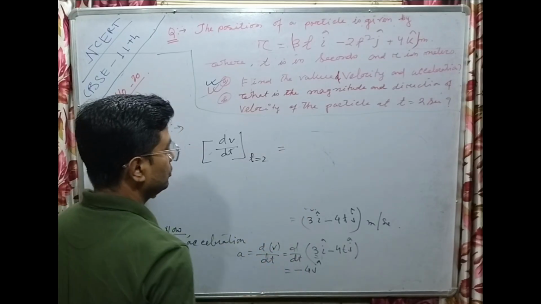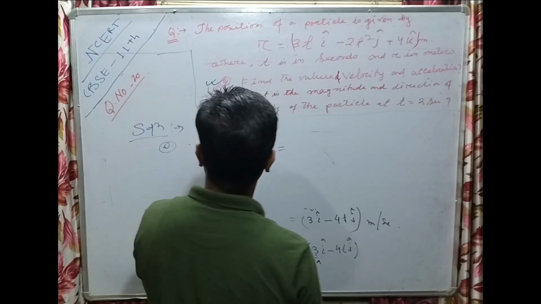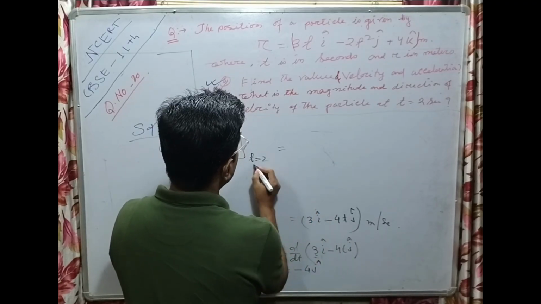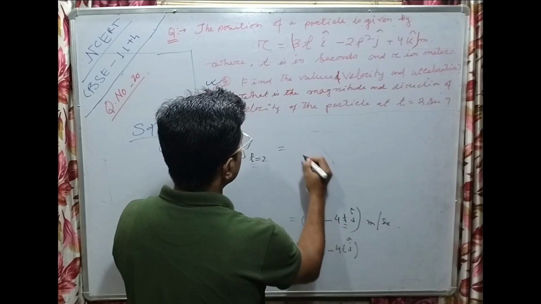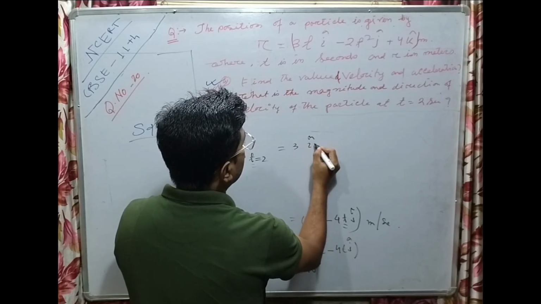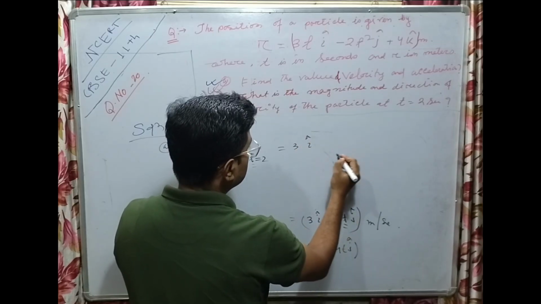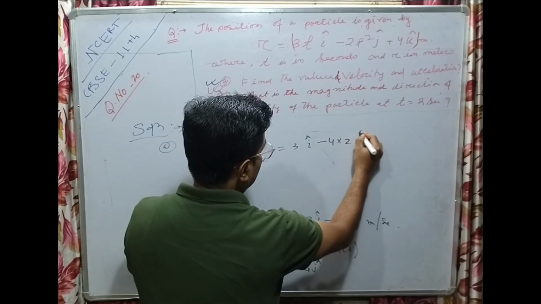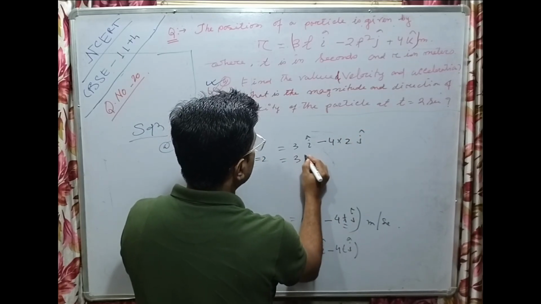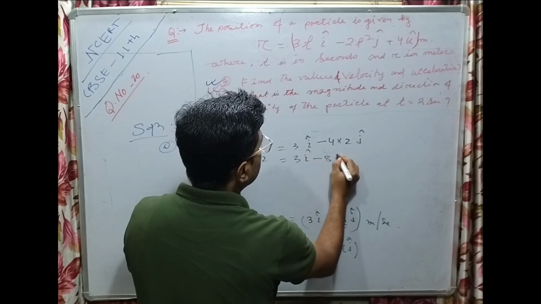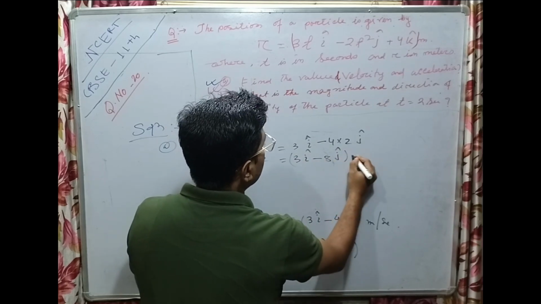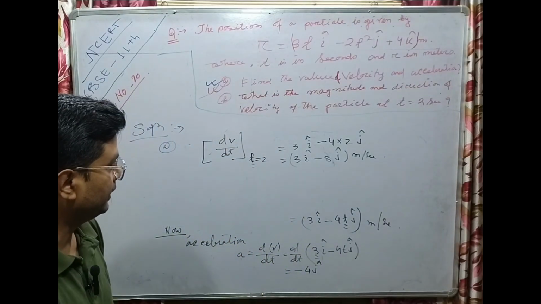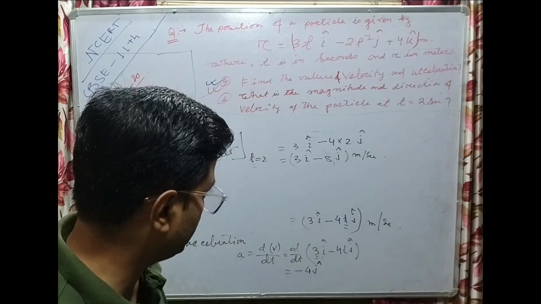Now velocity at time 2 seconds, substitute the value of t here: 3 i cap minus 4 into 2 j cap is equal to 3 i cap minus 8 j cap. This is the velocity.